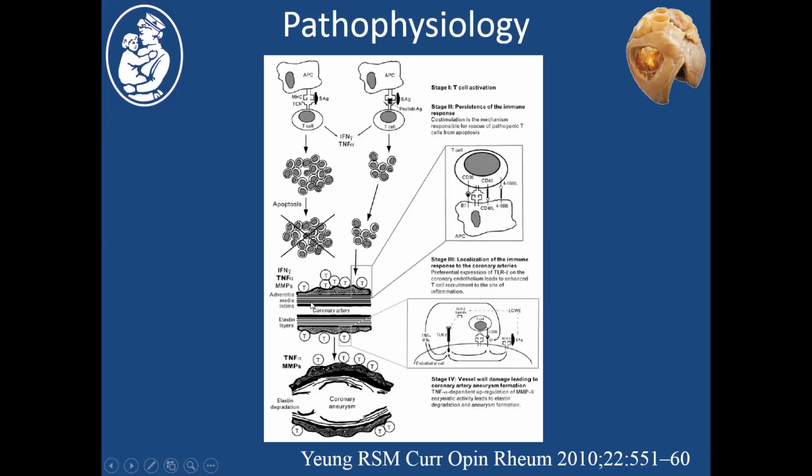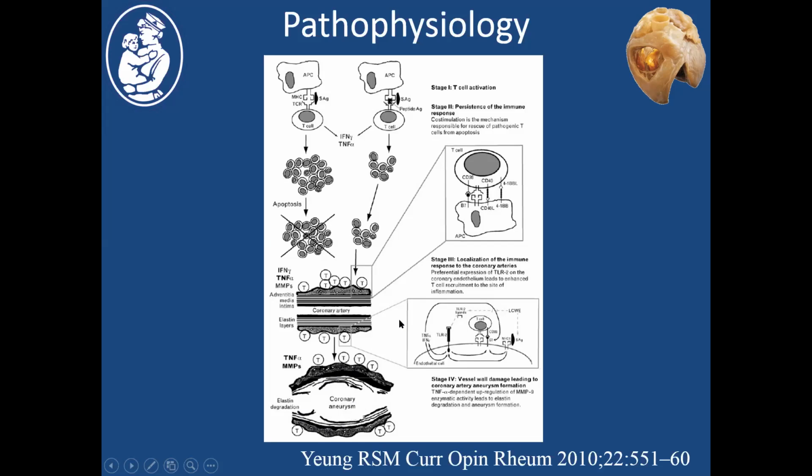And this leads to expression of TNF-alpha, of interferon gamma, and this results in expression of matrix metalloproteinases, which then can lead to disruption of cell walls and of vascular walls and aneurysms.